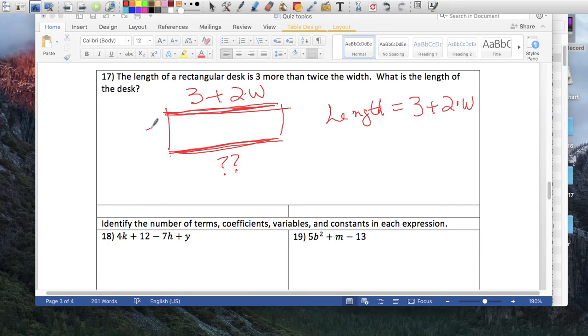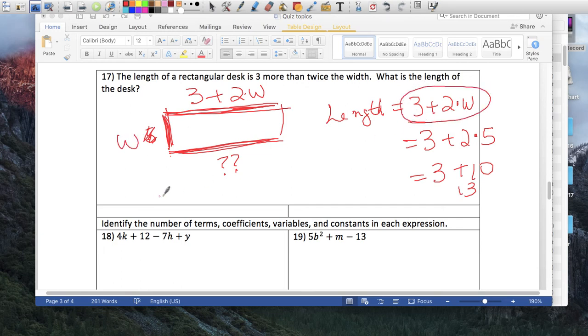So if I told you the width was 5 inches, you go 3 plus 2 and substitute the W by 5, and you get 3, and 2 times 5 is 10, which gives you 13. So the length would be 13 if the width was 5. But since we don't know what the width is, here's your length.